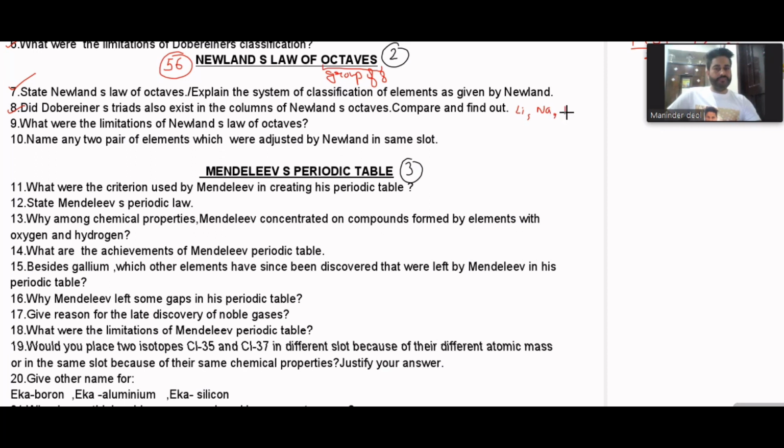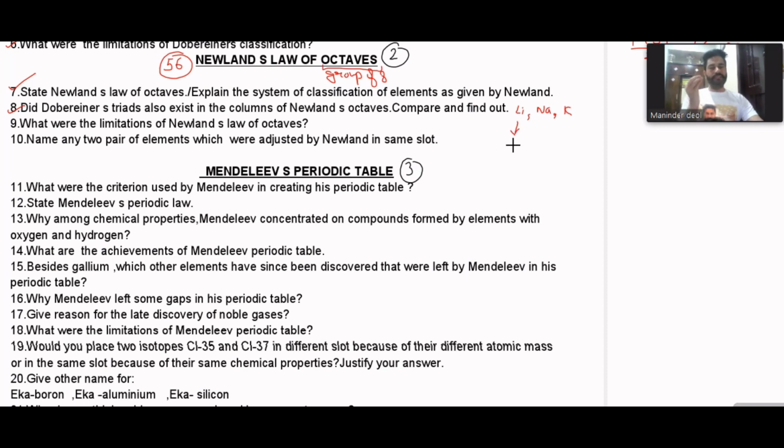Now tell me, in the modern periodic table, which element is lithium? If you have learnt, it is the third element, because its atomic number is 3, and you know how to draw the modern periodic table.